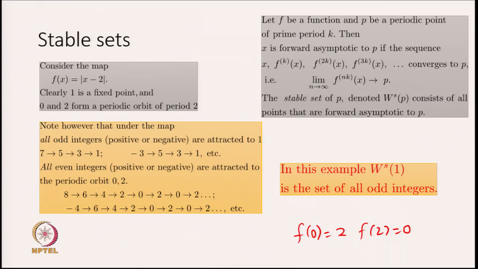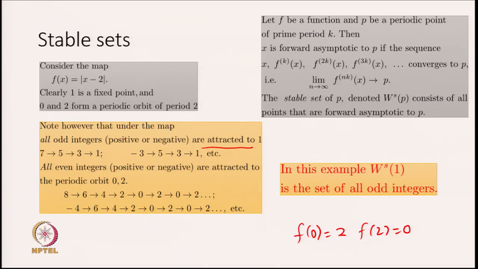Okay. Now, just looking at the integers on the line, we note that under this map, all the odd integers, either positive or negative, are attracted to 1. We start with 7.